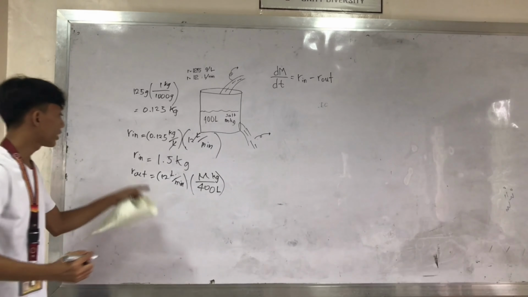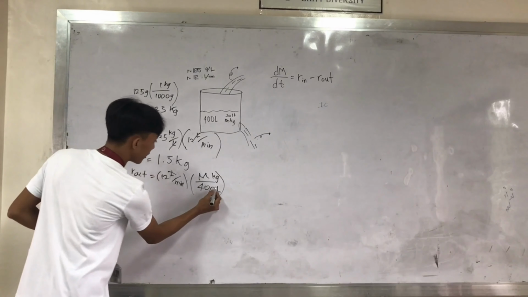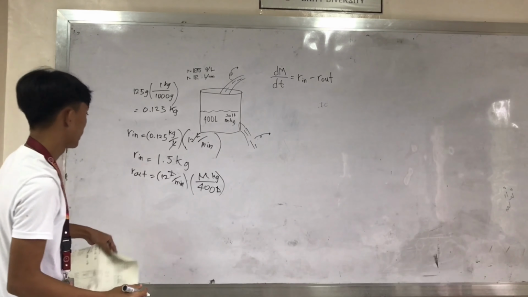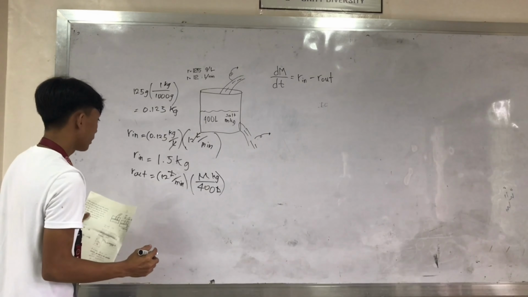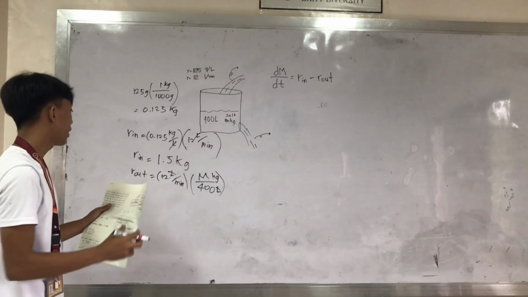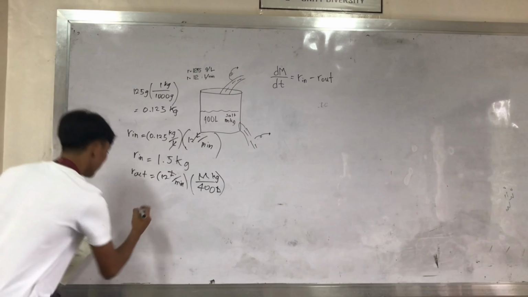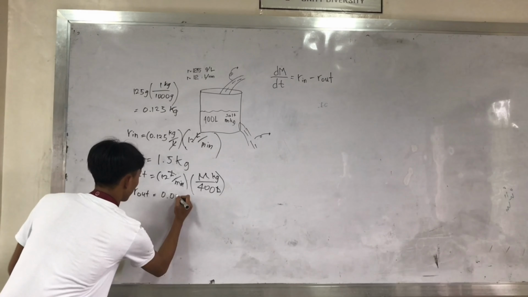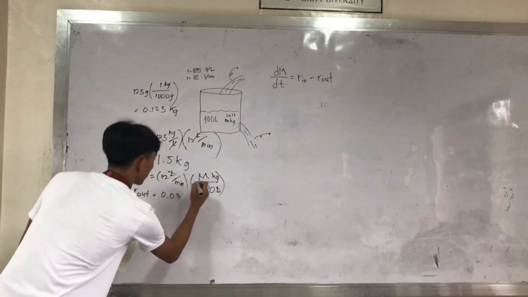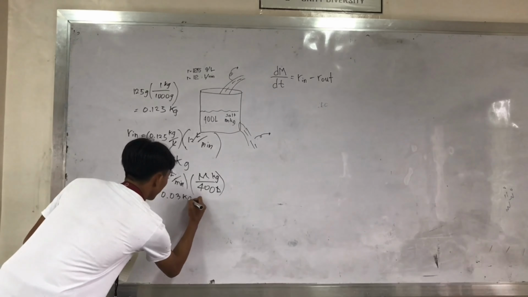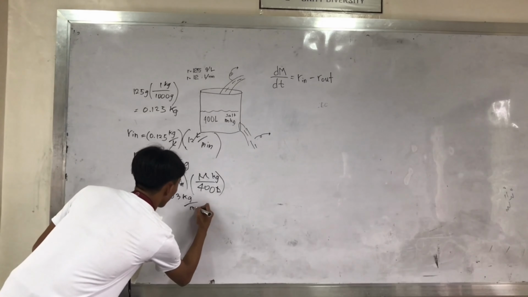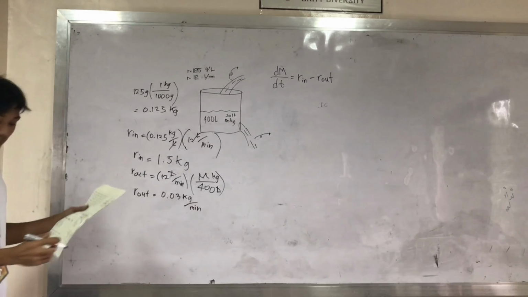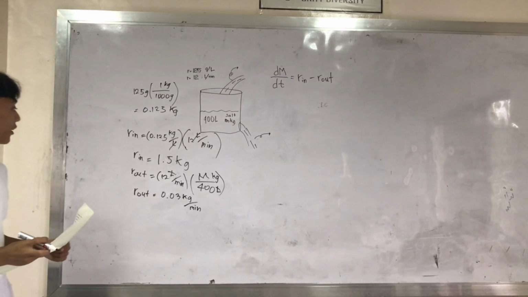So the liter will be cancelled. The 12 times 1 over 400 times M is equal to 0.03 M kilogram per minute. Now we have the Rin and the Rout.